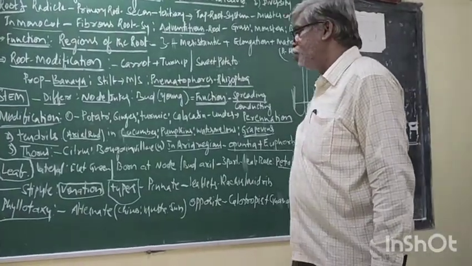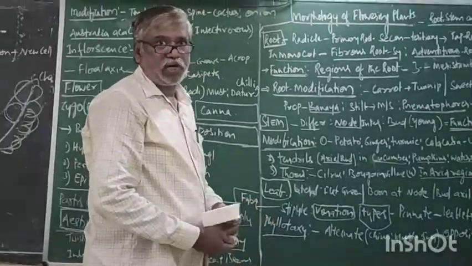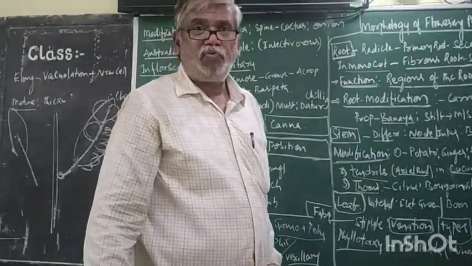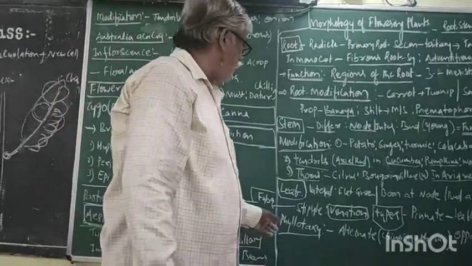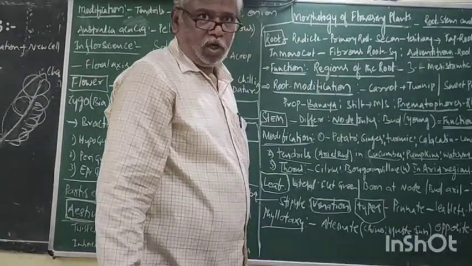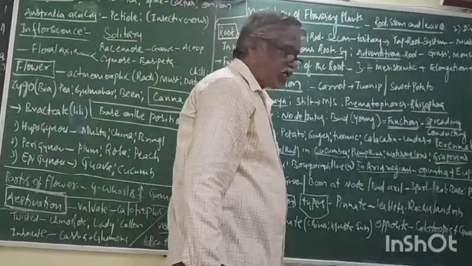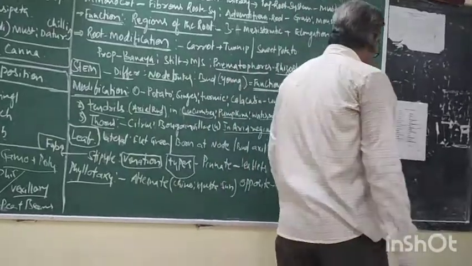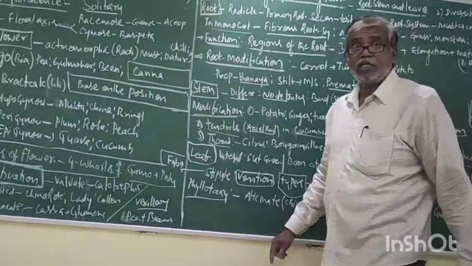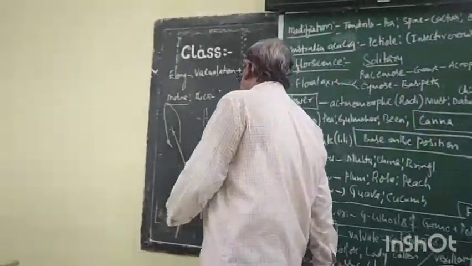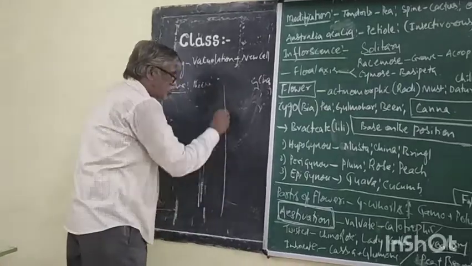Now phyllotaxy. The arrangement of leaves on the stem or branches is called as phyllotaxy. According to the syllabus, we have three types of phyllotaxy: alternate, opposite, and whorled. Alternate: suppose this is the stem.